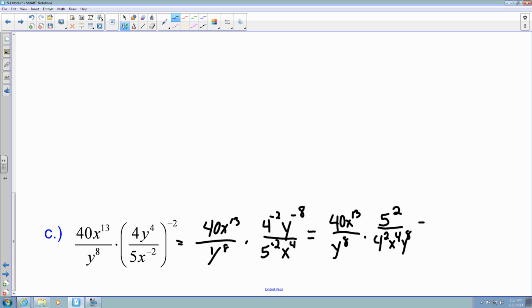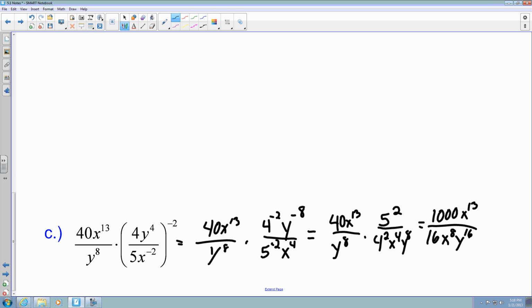Okay, so now that I look at it, I know that 5 squared is 25. Times that by 4, that gives me 1,000 x to the 13th over, and if I multiply it across, now I have 16, that's what 4 squared is, x to the 8th, and I got y to the 16th.